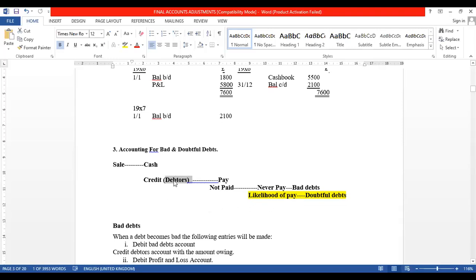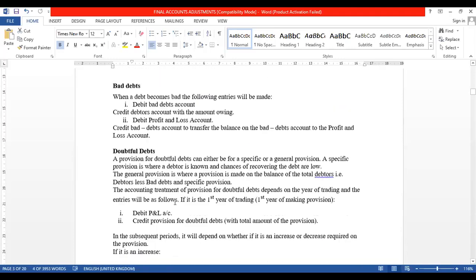So we subtract them from debtors, not creditors. They are doubtful debts, you subtract them from the debtors, and in the balance sheet, of course, you will take the net figure.